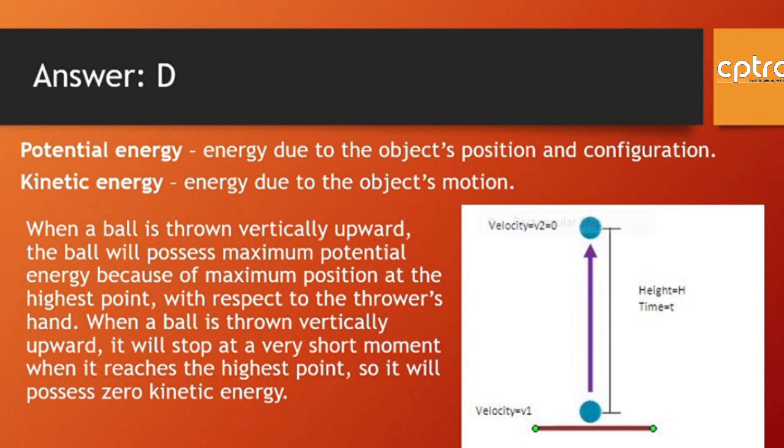When a ball is thrown vertically upward, the ball will possess maximum potential energy because of maximum position at the highest point with respect to the thrower's hand. It will stop for a very short moment when it reaches the highest point, so it will possess zero kinetic energy.